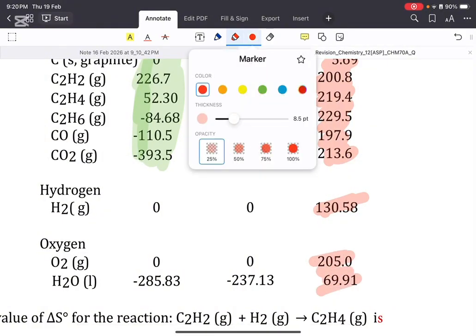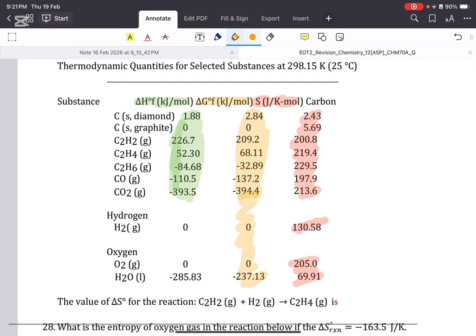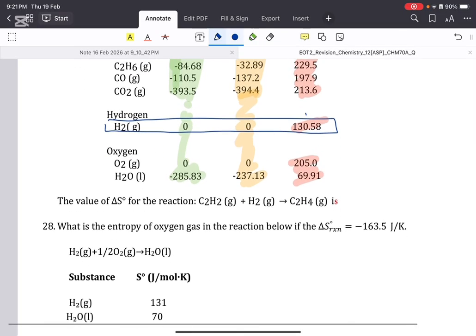Note that entropy is never zero, but the Gibbs free energy and the enthalpy of formation can be equal to zero if the element is in the standard form. Look over here, when I have carbon in graphite, it's zero for H of formation and G of formation, but it's not zero for the entropy. Same thing here for hydrogen in the standard state. These two values can be zero, but the S can never be zero.